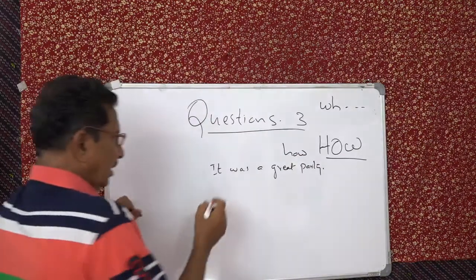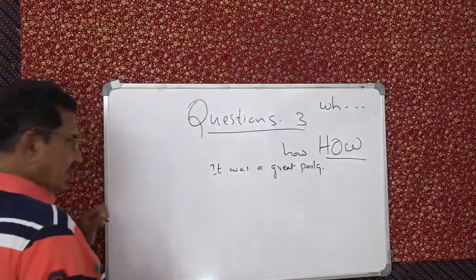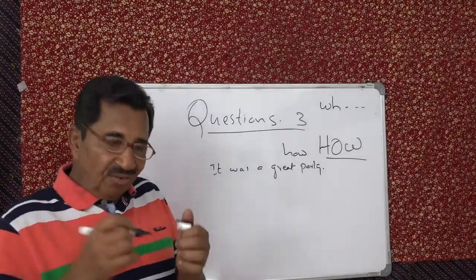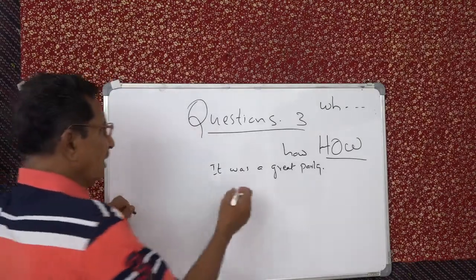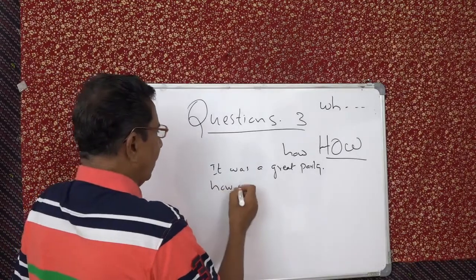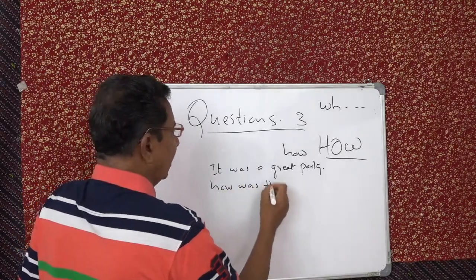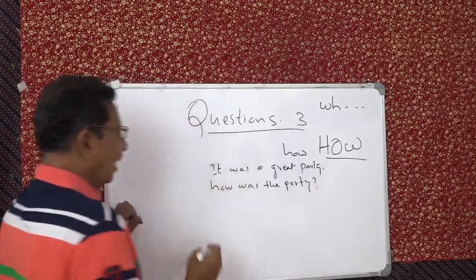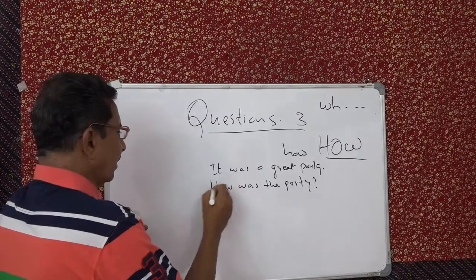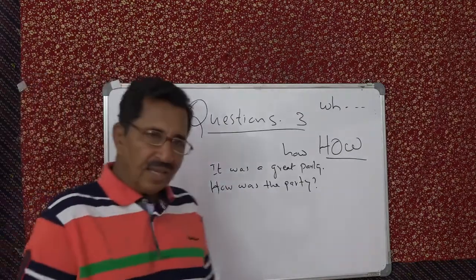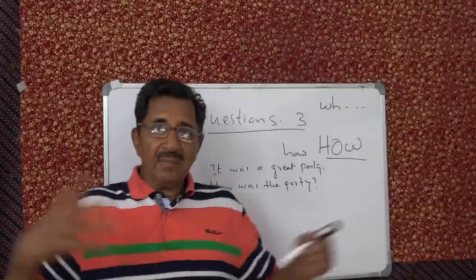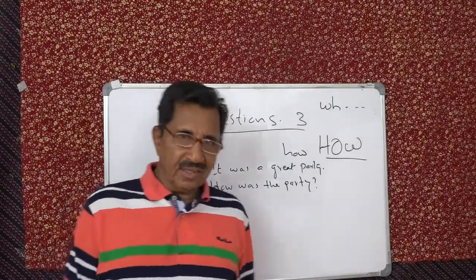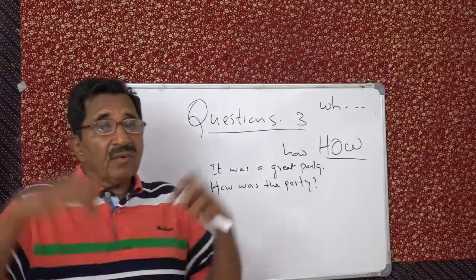It was a great party. Then what kind of excellence is that? You can ask like this: how was the party? It was a grand meeting. How was the meeting? It was a wonderful festival.